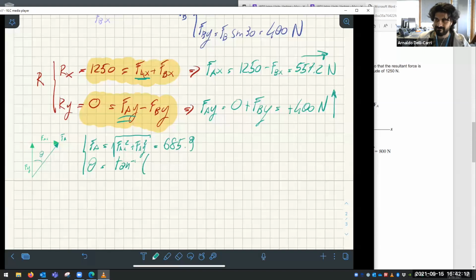Fay over Fax or the other way around? So Shadab says Fay over Fax. Do you agree? Kelechi says other way. So we have two schools of thought, but only one is correct.